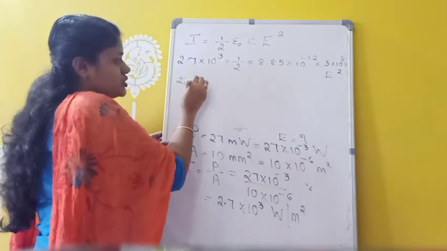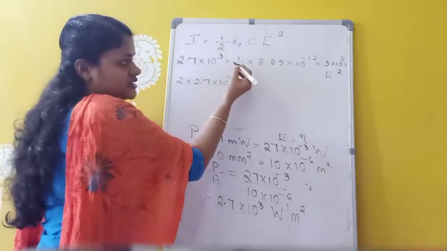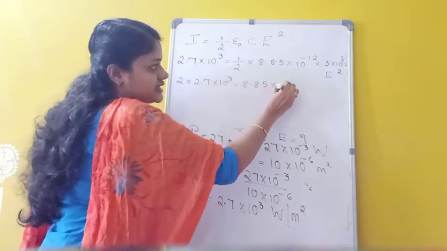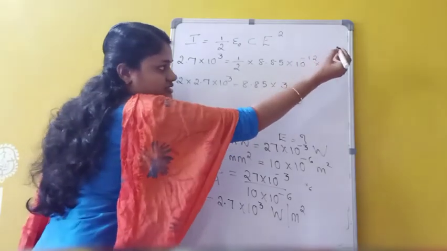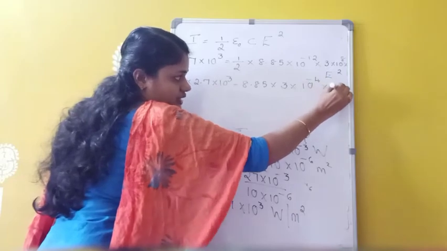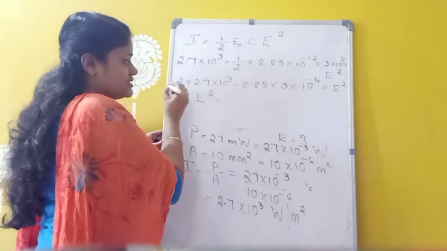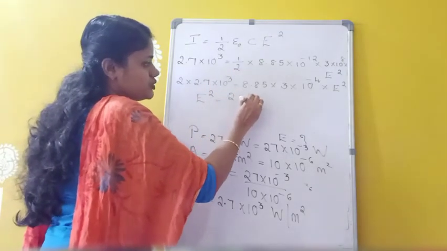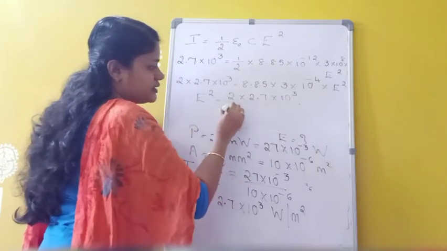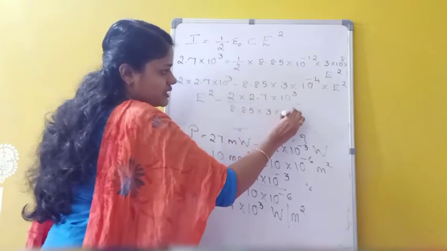So 2 into 2.7 into 10 raised to 3 equals 8.85 into 3 into, here 10 raised to minus 12 and 10 raised to 8 becomes 10 raised to minus 4, into E square. From this we have to find E square. So E square equals 2 into 2.7 into 10 raised to 3, the whole divided by 8.85 into 3 into 10 raised to minus 4.